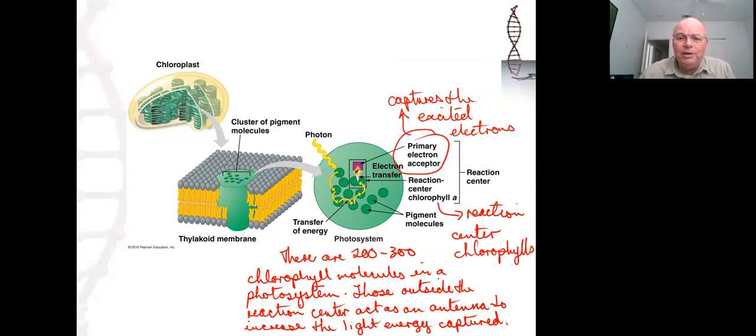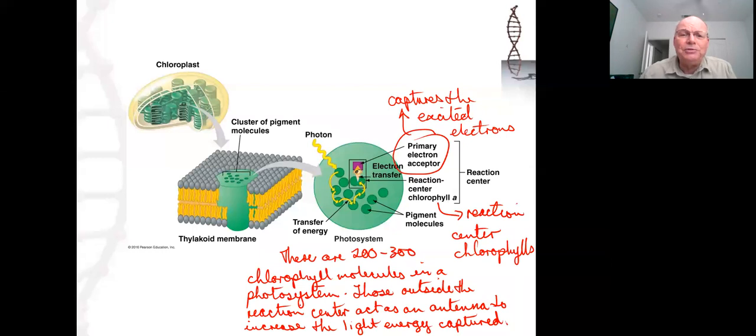And that's basically what these extra chlorophyll molecules are doing. There's both chlorophyll A and chlorophyll B. They capture light energy themselves, but instead of creating high energy electrons, they transfer the energy from chlorophyll molecule to chlorophyll molecule until it enters the reaction center chlorophyll molecules, where it is used to generate high energy electrons.